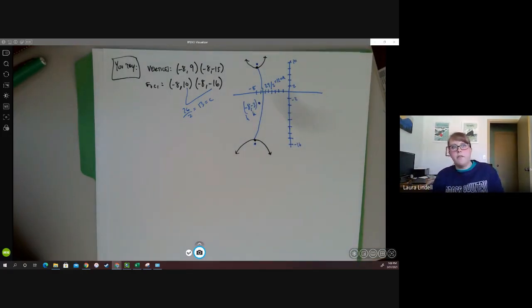You're on the right track if you figured out that A is 12, that HK is -8, -3, and that C is 13.